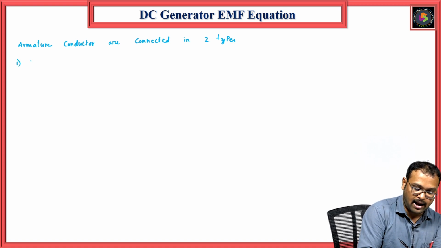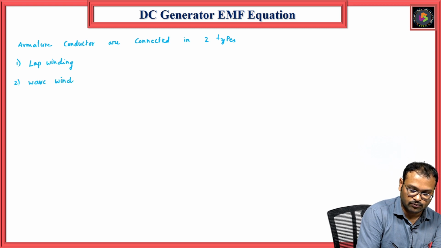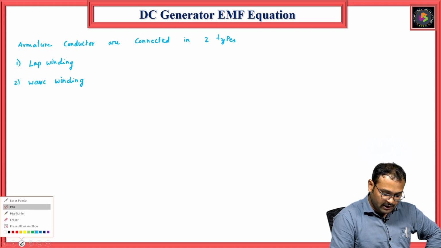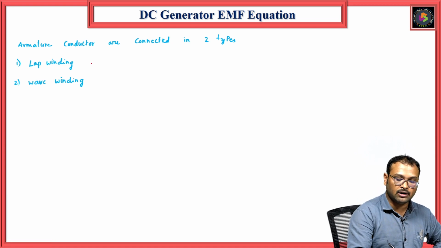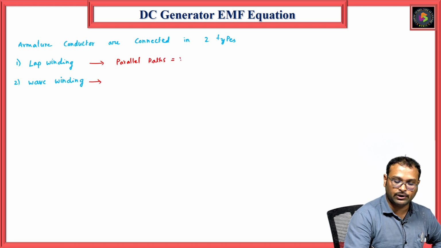One is lap winding, already we discussed these things. Another one is wave winding. The way lap winding and wave winding differ is in the number of parallel paths. So the parallel paths in lap winding is equal to the number of poles.